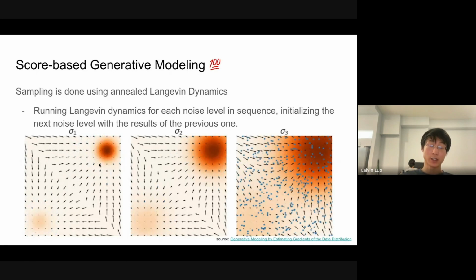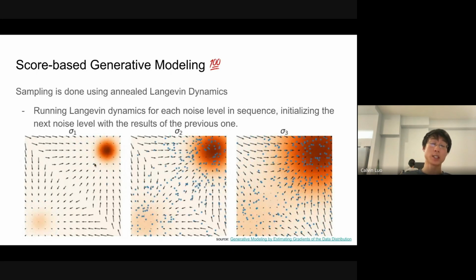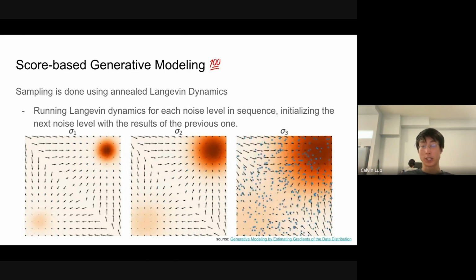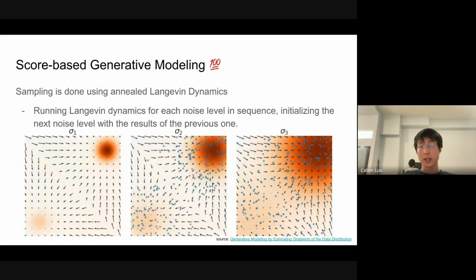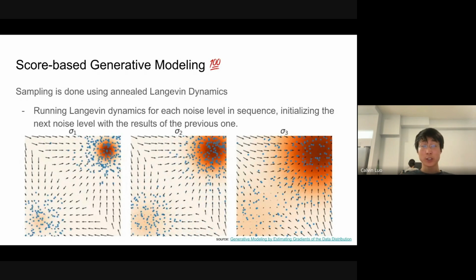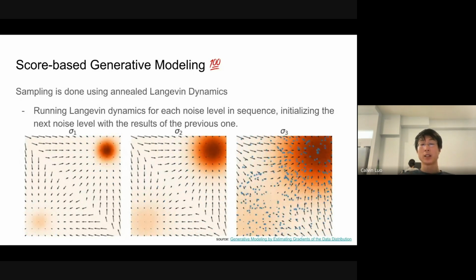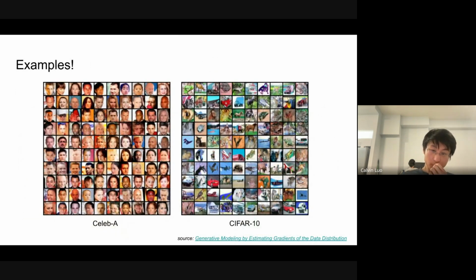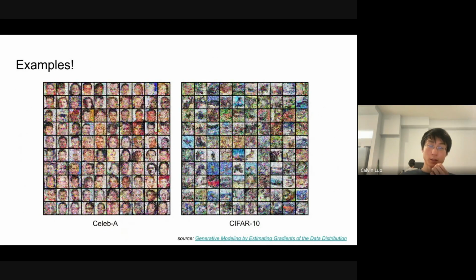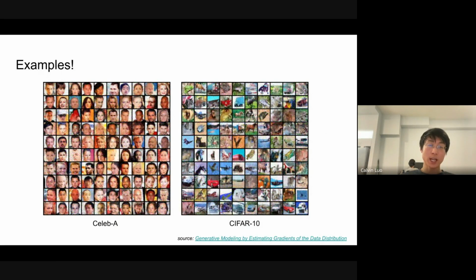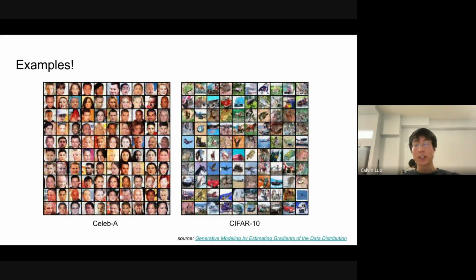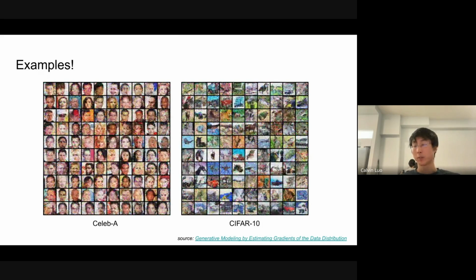And finally, because those initializations will be close to the ones at another lower level, we keep following these predicted scores for steadily decreasing amounts of Gaussian noise perturbations, and ultimately we can arrive at essentially the modes. And so what we just described is a way to go from something that's very heavily noised. You can imagine that at the extreme, we've added so much Gaussian noise that it is indistinguishable from a Gaussian noise vector.